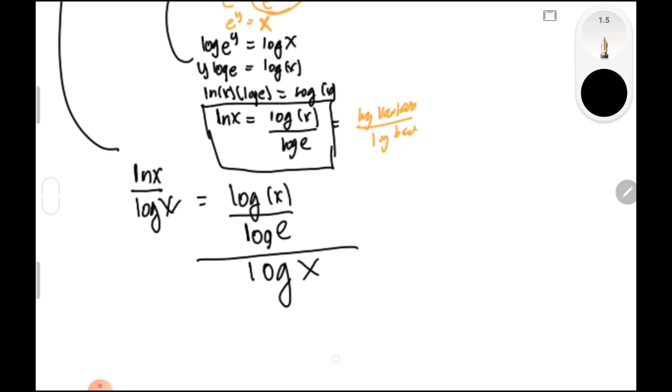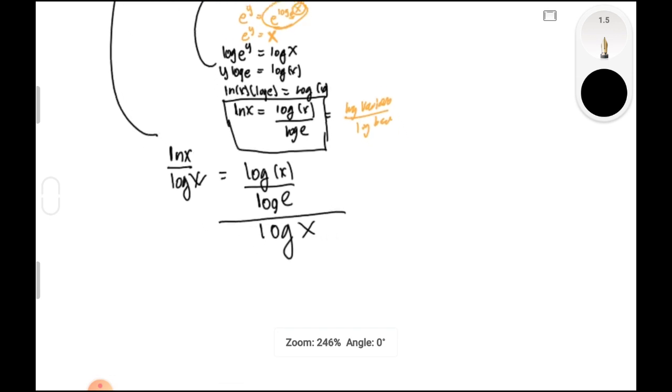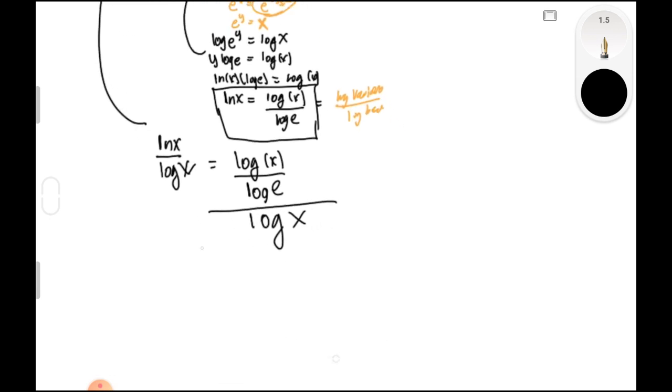Okay, so therefore, from this, we can say that the value of this one can be written as log of x divided by log of e multiplied by 1 all over log of x.